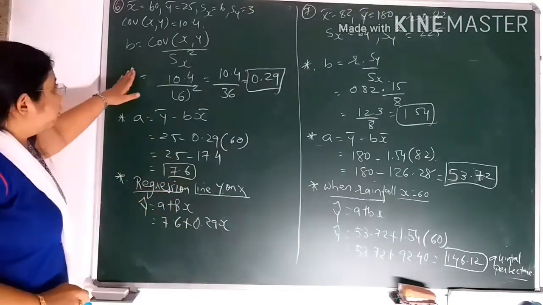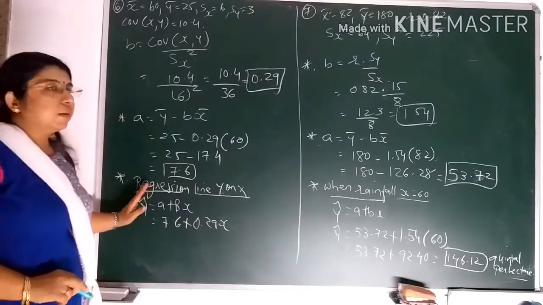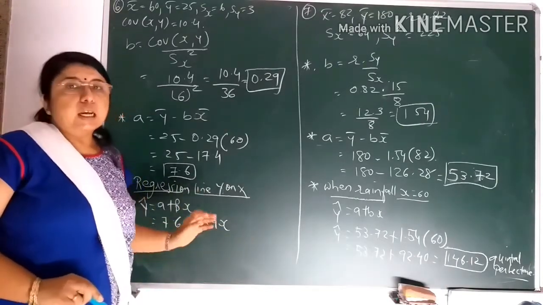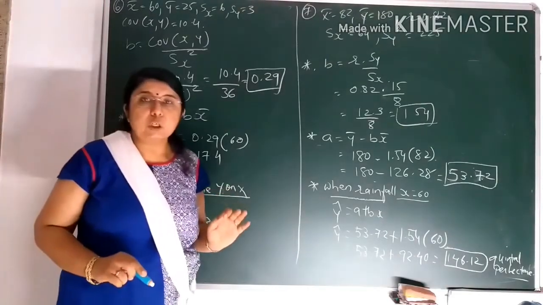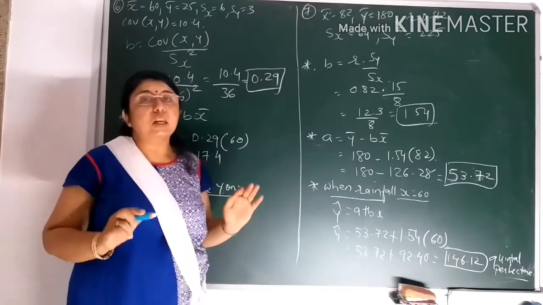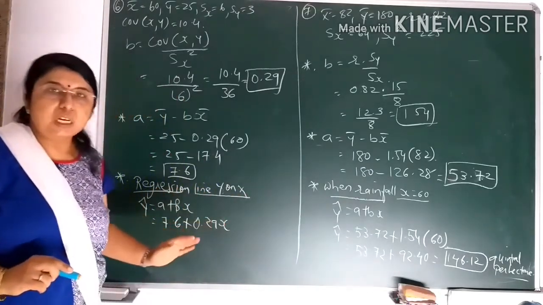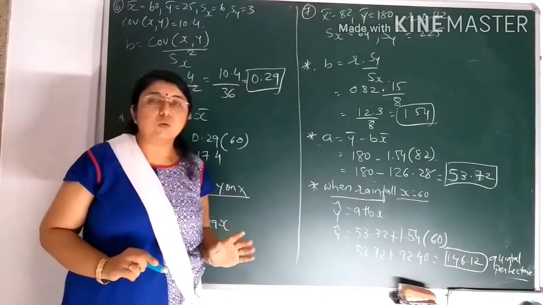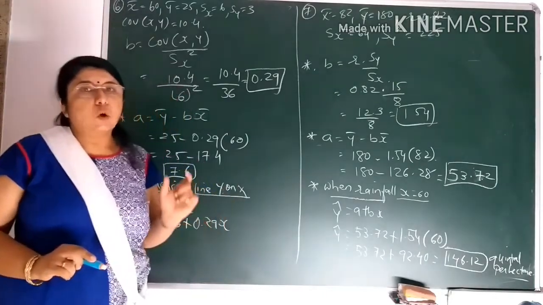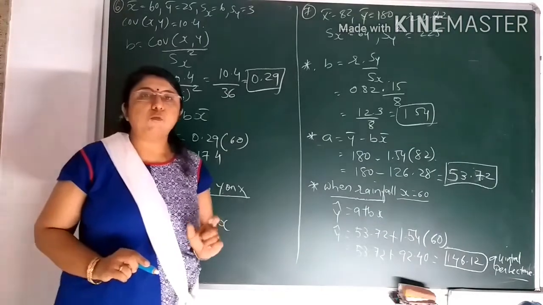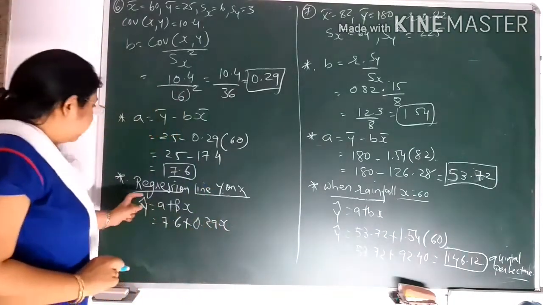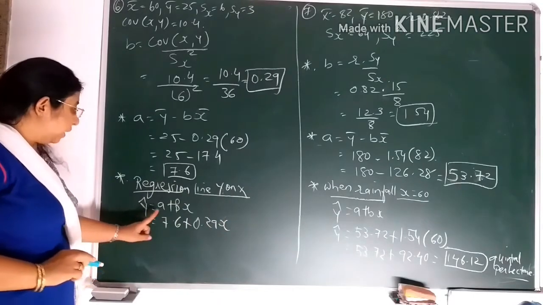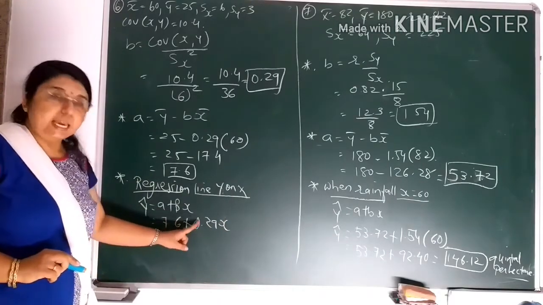After finding the values of b and a, the next step is to find the regression line of y on x. Here no value of x is given to you, so we cannot find the estimated value of y. But the last step that has been asked, you can see in the question, is to obtain the regression line of y on x. We know the formula, y cap is equal to a plus bx.